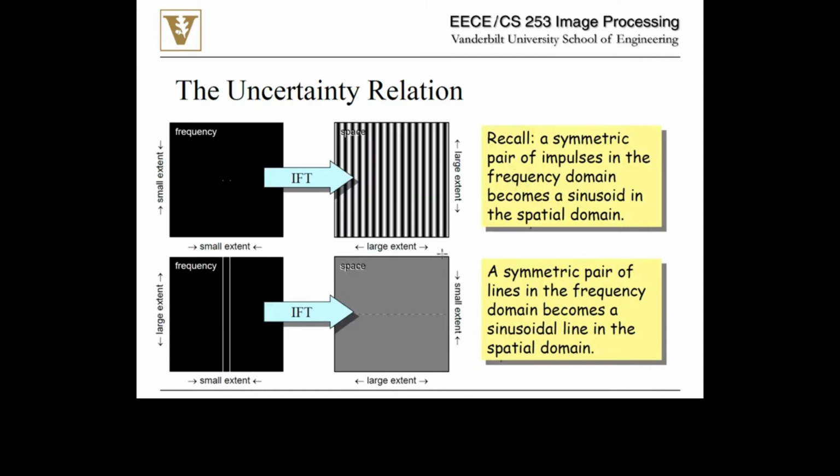So, yeah, this is the uncertainty principle again, just a reminder of what it is. If you are very narrow in frequency, then you are very spread in real space. For instance, those are two delta functions in Fourier space. So this is a cosine.